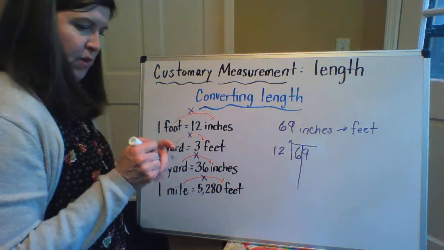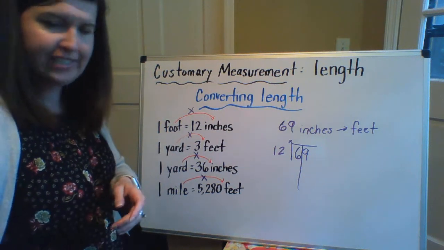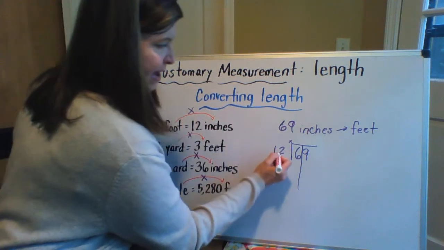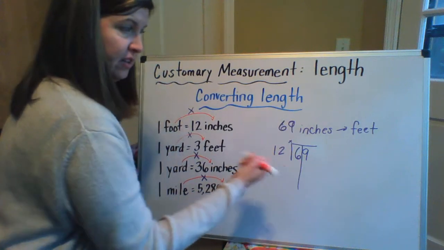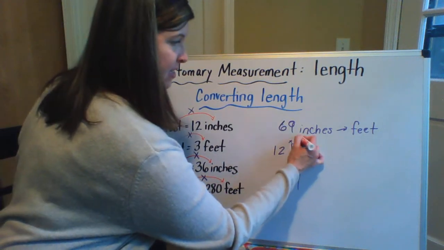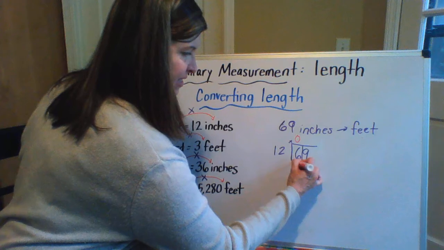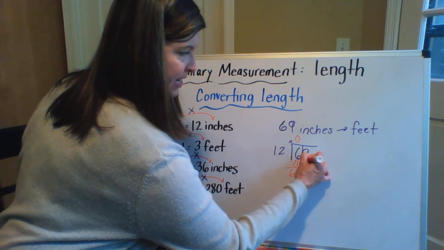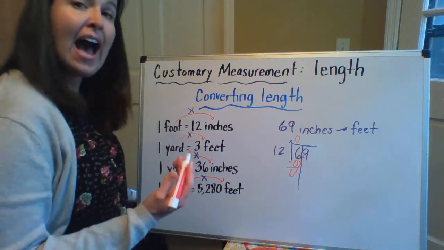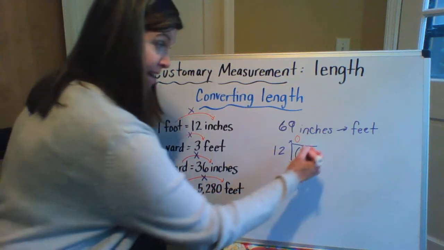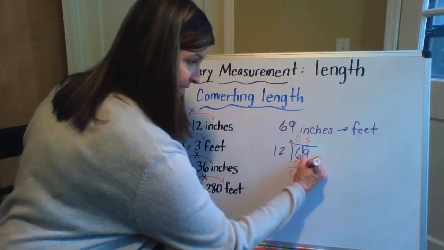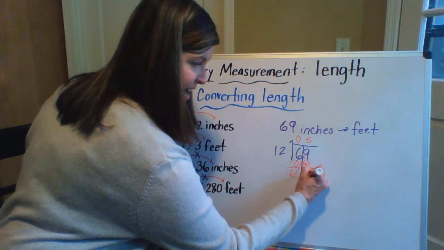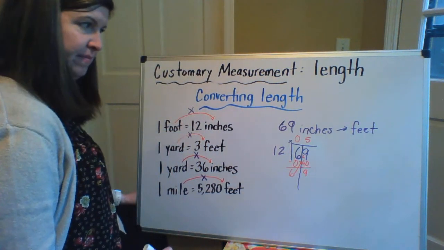Let's do our Corbin way of dividing, my favorite. How many times does 12 go into 6? 0 times, it does not. Then I bring up the 6 and I bring it here to my number 69. I know 12 times 5 is 60 and I have 9 left over.